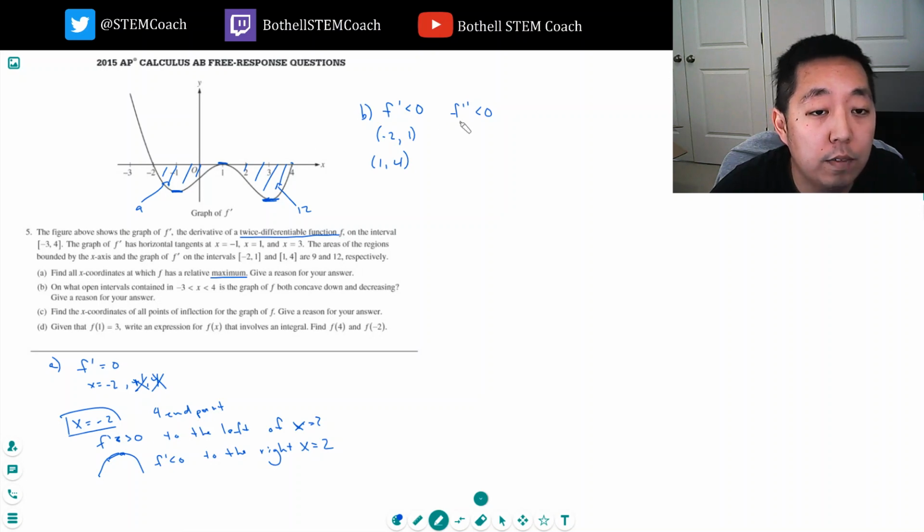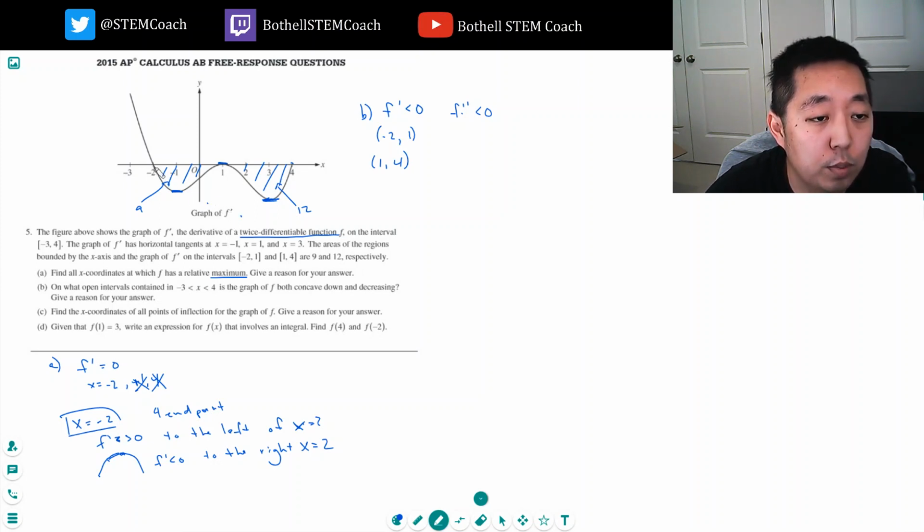Concave down is where the slopes of this graph are negative, right? Because the second derivative is the derivative of this one. So the second derivative looks like the slopes on this graph, because the slopes of this graph are the derivative of this graph, which is the second derivative of f.